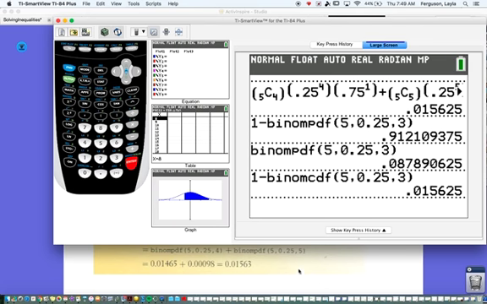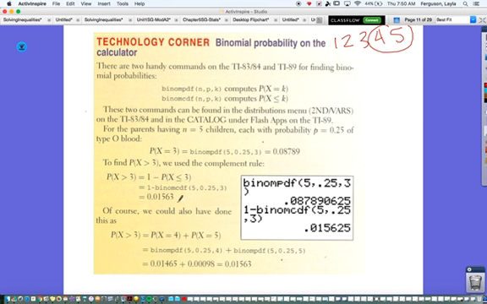And we would get 0.015625, which is essentially what we got when we worked out the last one. Of course, you could have also done this as probability is greater than 3, and saying x equals 4 plus x equals 5, and doing binomial PDF with 4, binomial PDF with 5, and then adding them together to get your answer.